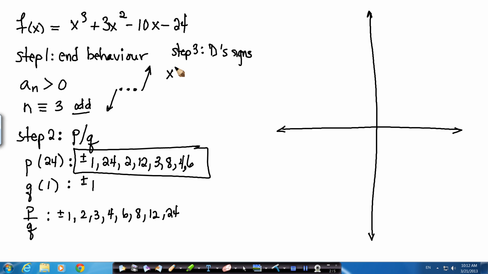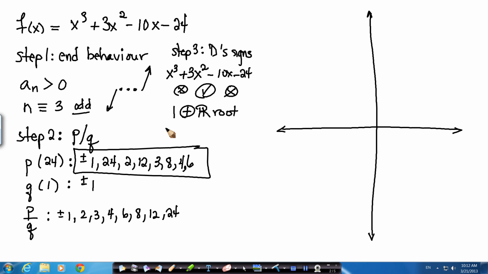So if we go x cubed plus 3x squared, no sign change. Minus 10x. So there's a sign change between the positive and a negative. Minus 24, no sign change between negative 10 and negative 24. So we have one positive real root.